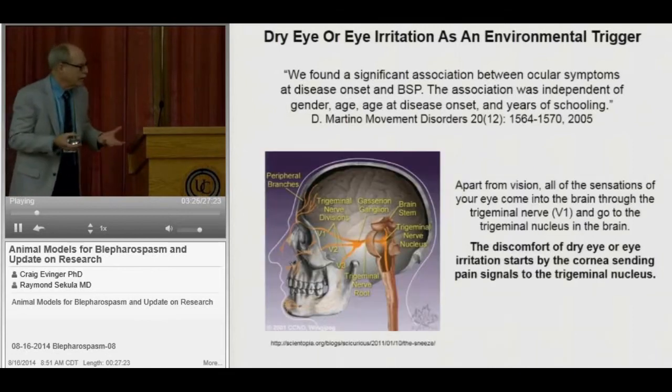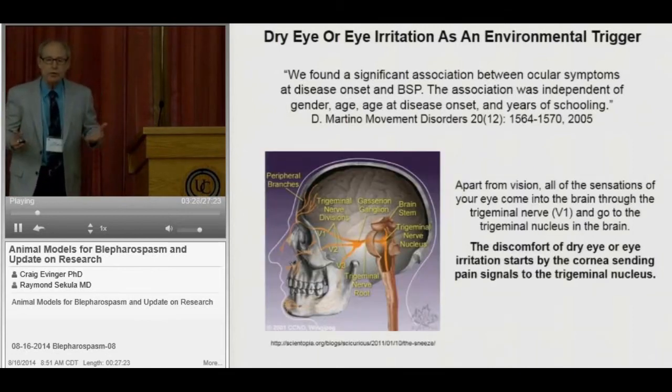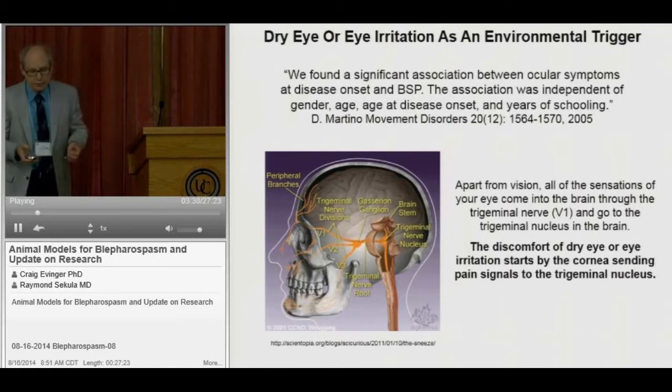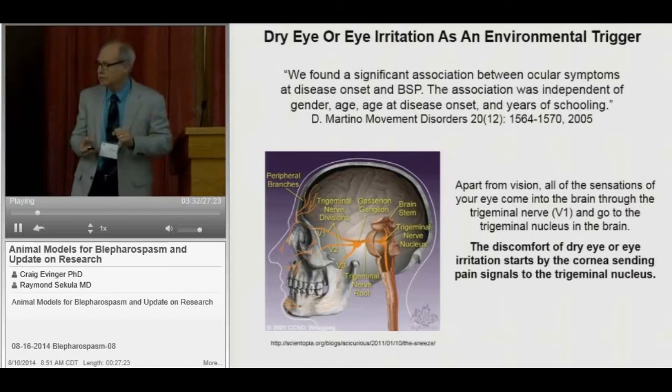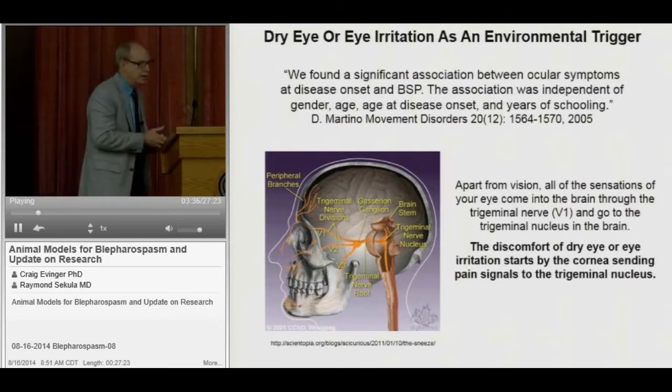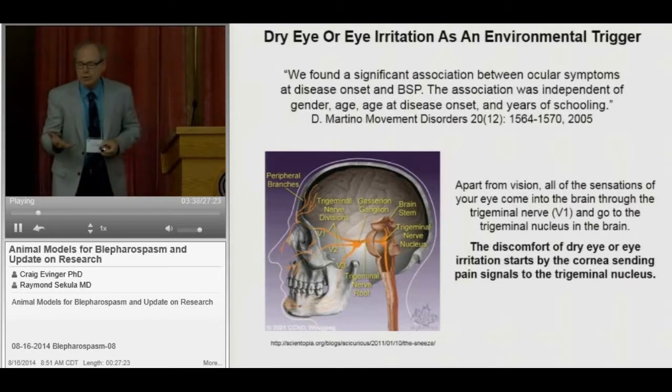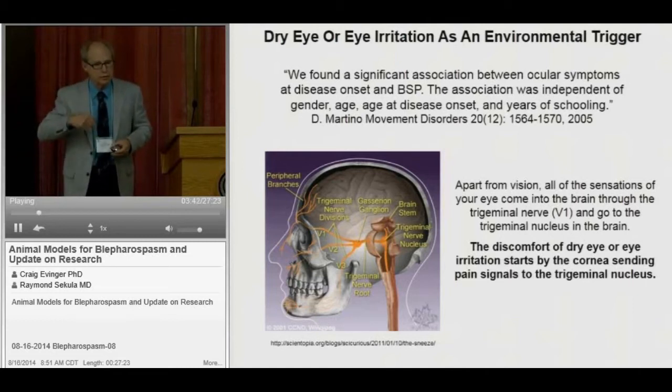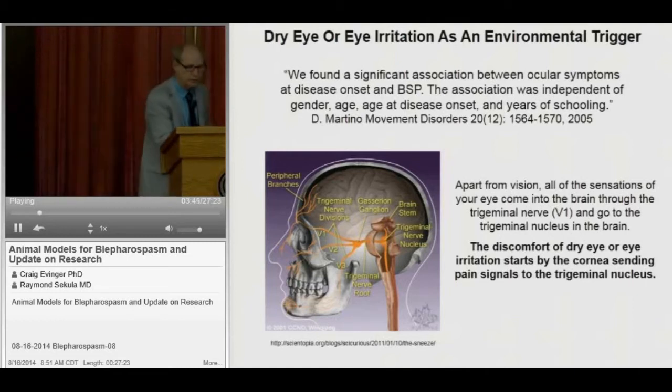So we want to go back to what dry eye is, and we're going to go back to the trigeminal system, and I'm going to repeat some of the things I said before, hopefully a little bit more clearly this time. Remember, the trigeminal system is how information from your cornea gets into your brain. It comes in through the trigeminal nerve into the trigeminal nucleus.